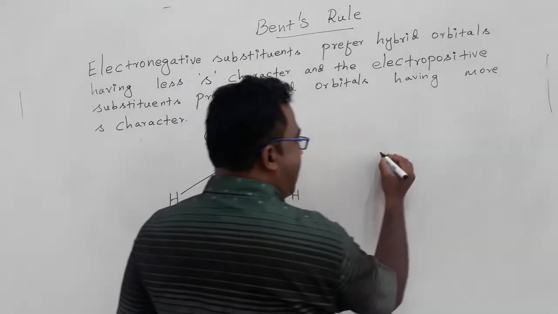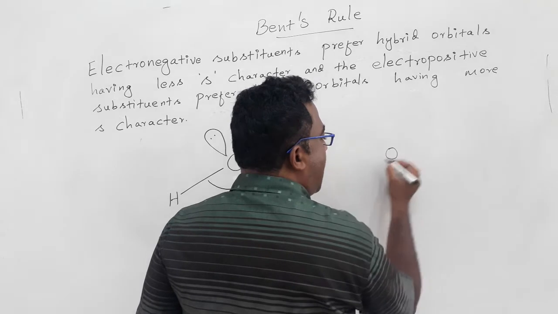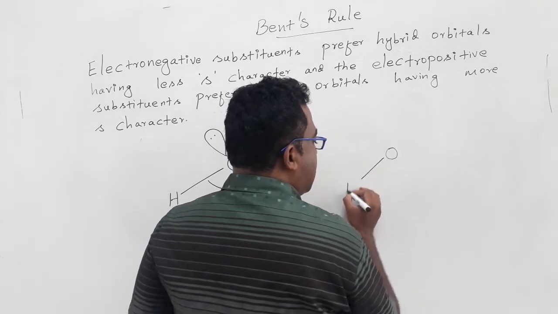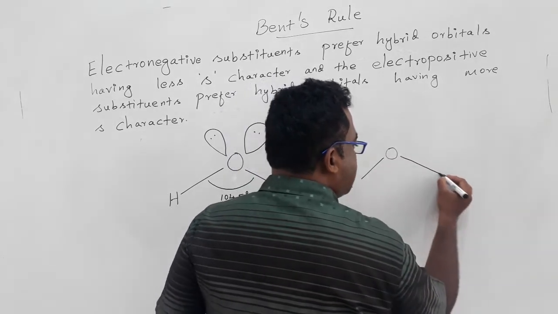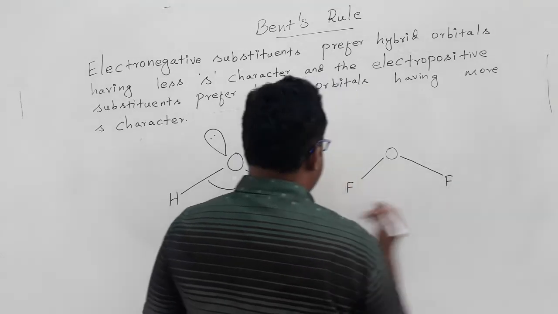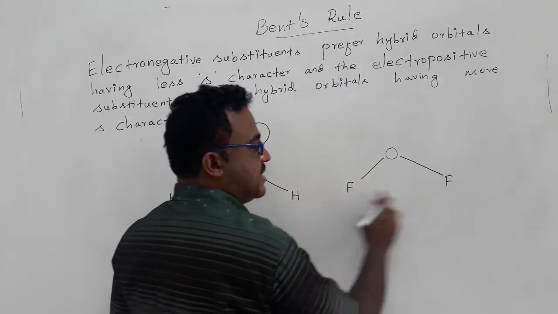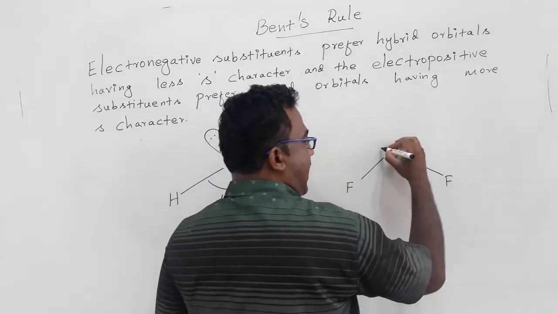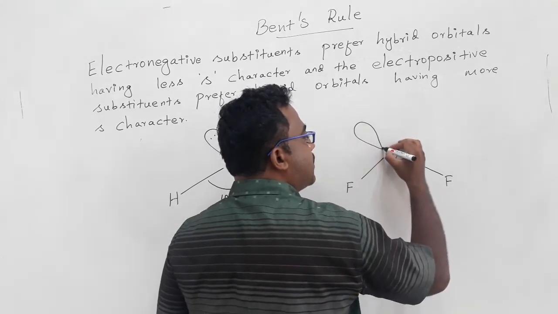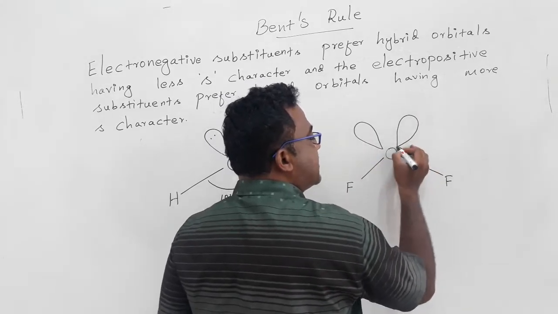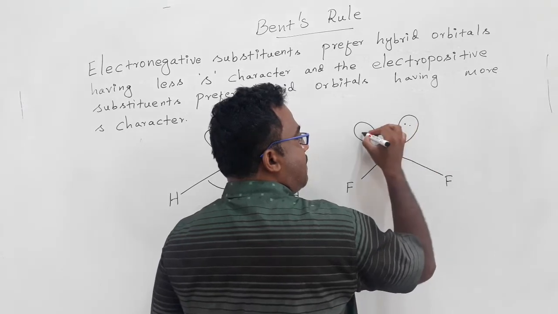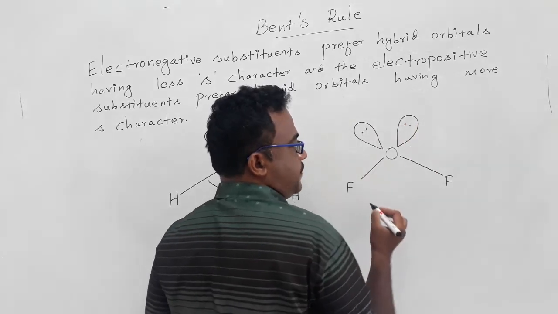Now let me compare with the fluorine substituted oxygen derivative. Now the two hydrogens are replaced by two fluorine atoms. Again it also has an sp3 hybridized oxygen atom. But what will happen to the bond angle?